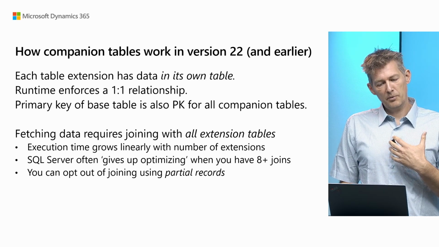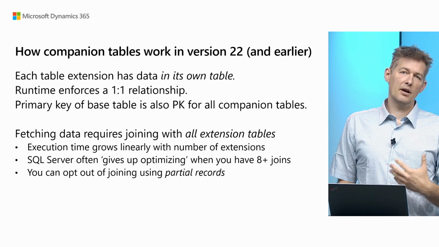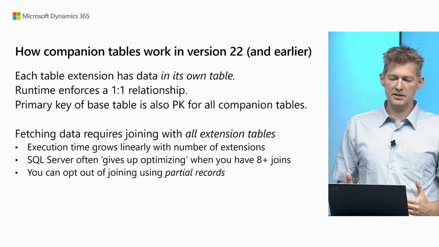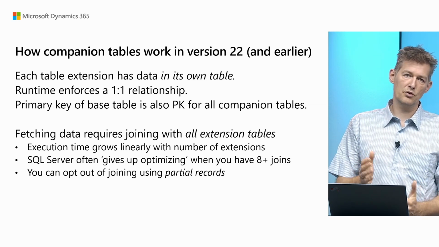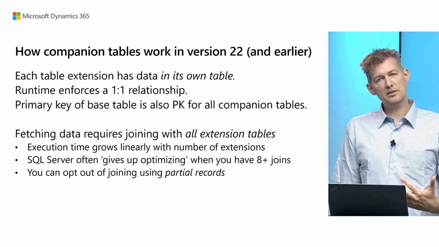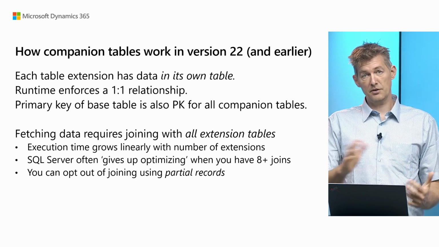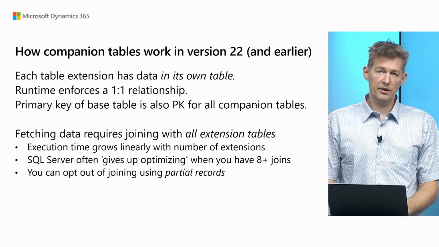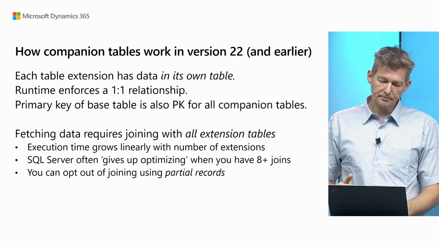Now, when we then fetch the data from the AL runtime, we will simply join all these extension tables unless you use partial records. And this means that the execution time, because of these joins, will grow linearly, probably, with the number of table extensions.